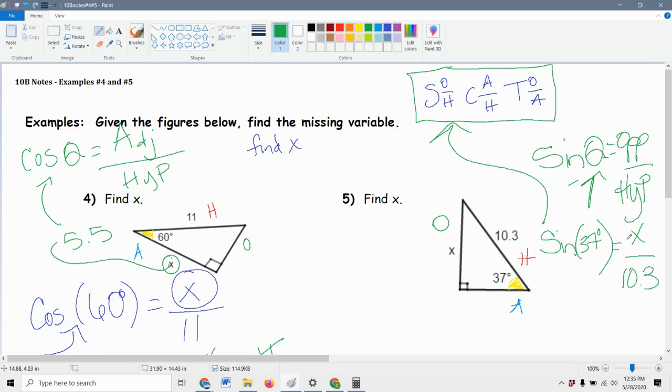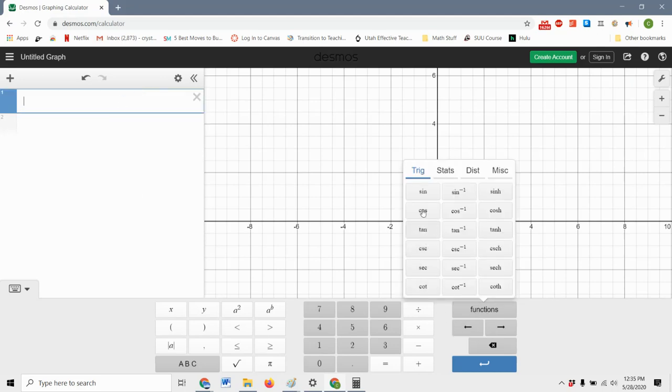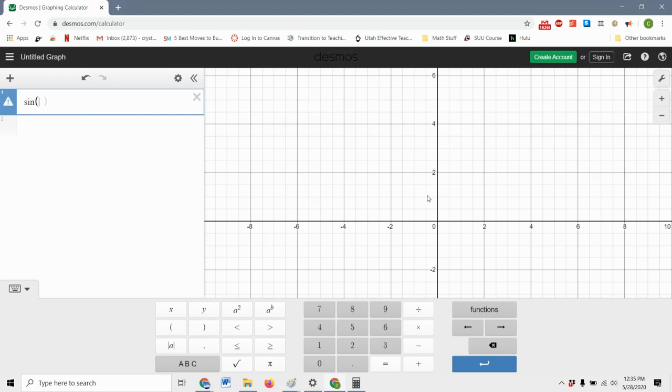Now, just like we did on example number 4, we're going to get a value for the sine of 37. Back to Desmos we go. Now we're trying to get the sine, so we want to put sine in, and then 37, that's our angle measure. And you can see here the sine of 37 is 0.60. We won't round up because that third number is a 1, so 4 or less.